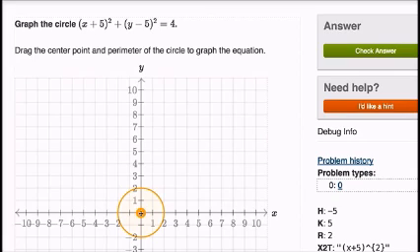And the y-coordinate must be +5, because it's y minus the y-coordinate of the center. And then the radius squared is equal to 4, so the radius is equal to 2.